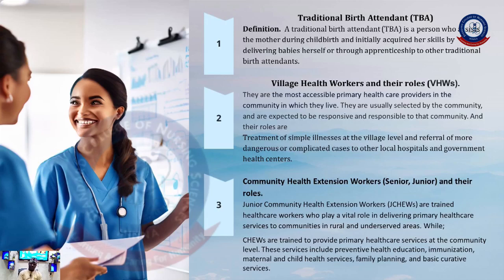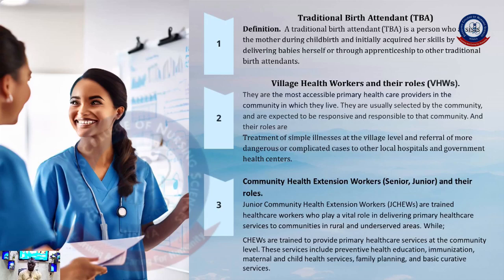In a nutshell, junior community health extension workers are assumed to work under CHEWs, the senior community health extension workers. So the roles they play are where they are organized.